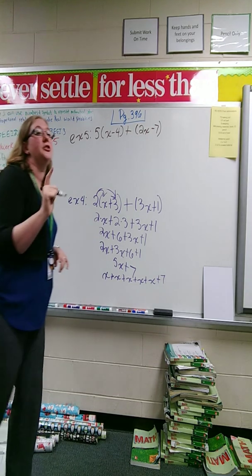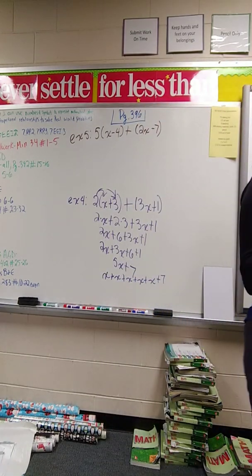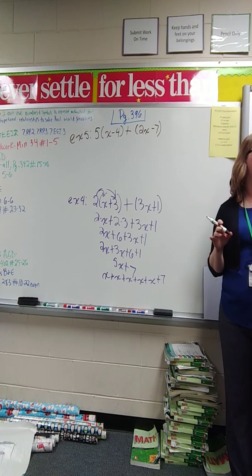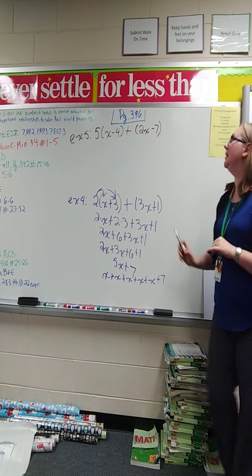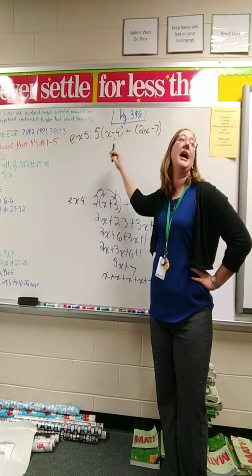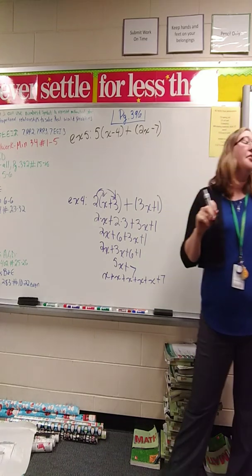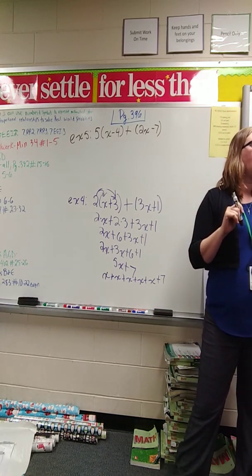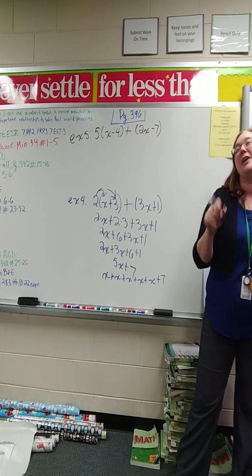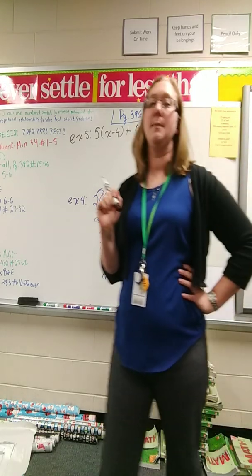I see 2 issues to start out with that are going to make this a little bit more difficult at the front. The first thing I see, I'm going to have to use the distributive property because I have a number directly outside my parentheses. The second thing that I see is subtraction signs. And subtraction signs means that I cannot use the associative property or the commutative property.